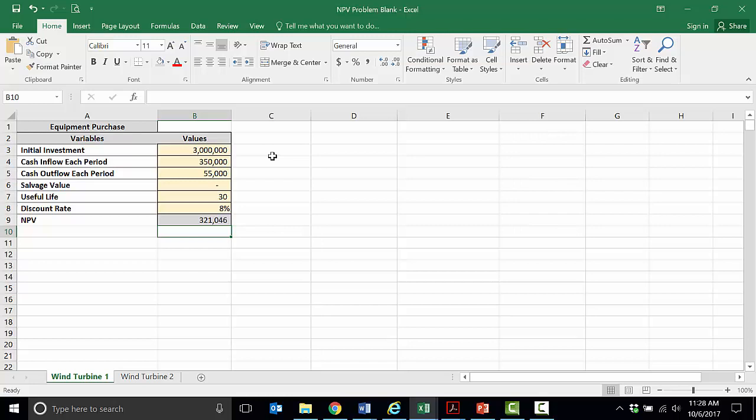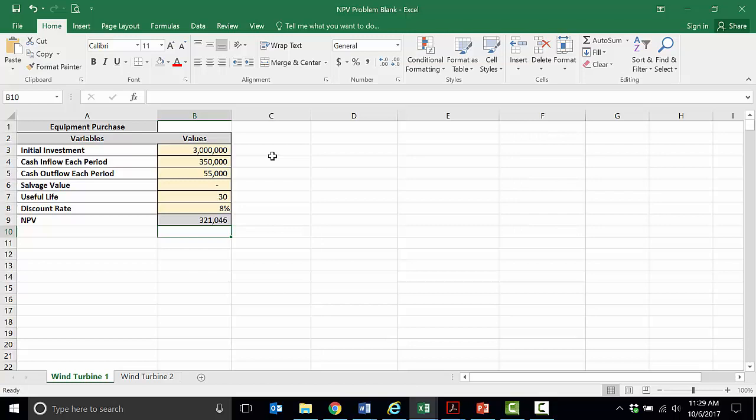I shouldn't include the $3 million in my present value formula because the $3 million was spent at time 0. It doesn't need to be discounted back to present value. It didn't happen in the future. Its value today is $3 million. So $3 million is already that expenditure's present value.